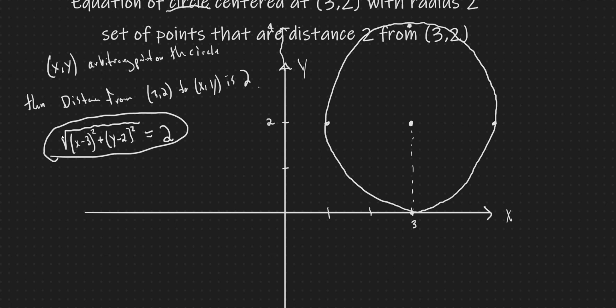Now, oftentimes we don't like the square root hanging out in our equation. More on that later. And so what I'll tend to do here is bring the square over to the other side. So I'll write this like x minus 3 squared plus y minus 2 squared equal to 2 squared, which is 4. So maybe now this is refreshing your memory a little bit, recalling what the equation of a circle is in general with radius r.